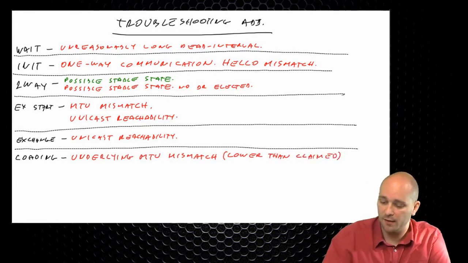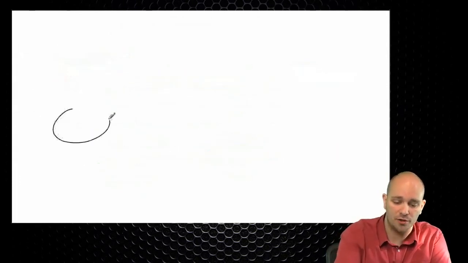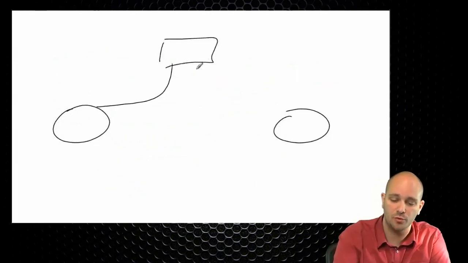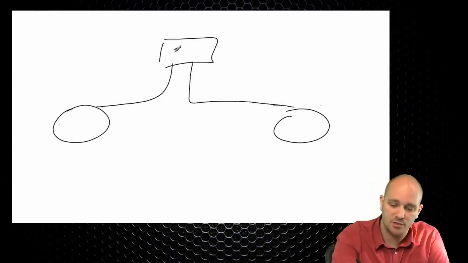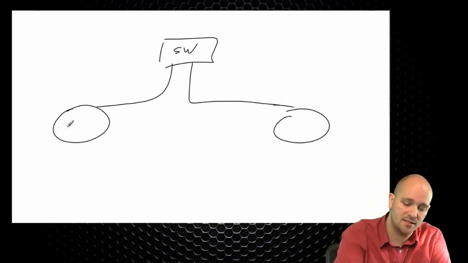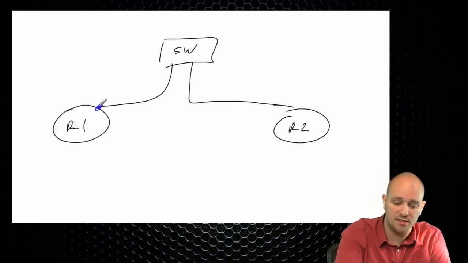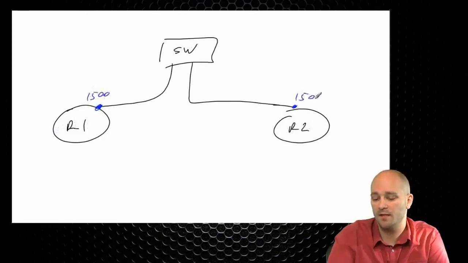So let me explain this. Let's say that we have two routers, R1 and R2, connected directly but through a switch. The switch could be Ethernet or Frame Relay, whatever it is. This is R1 and this is R2. The MTU as configured on this interface is 1500, and the MTU here is 1500.